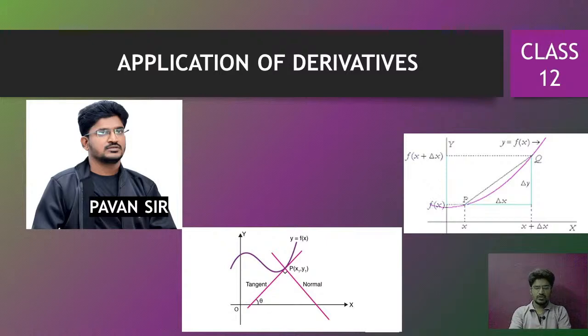And today I am going to continue with the increasing and decreasing functions, and I think you are also waiting for the problems of increasing and decreasing, so that we can go through the problems.